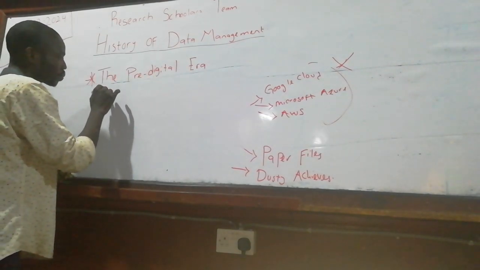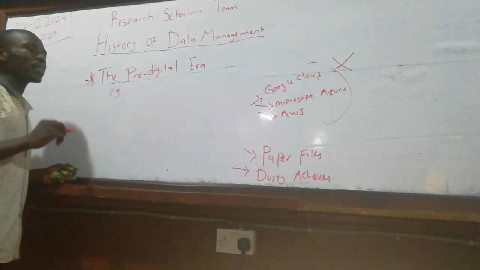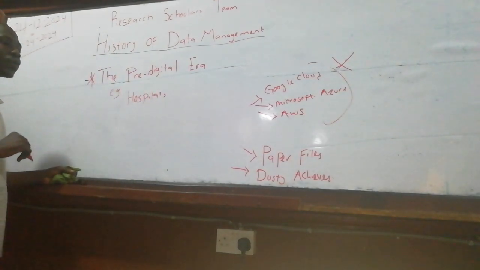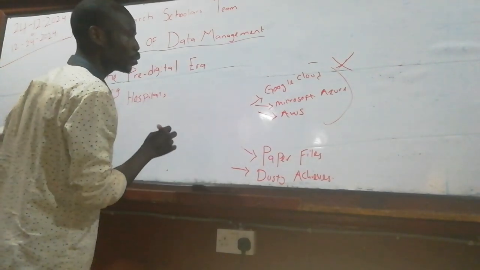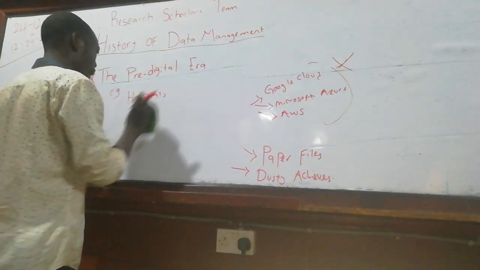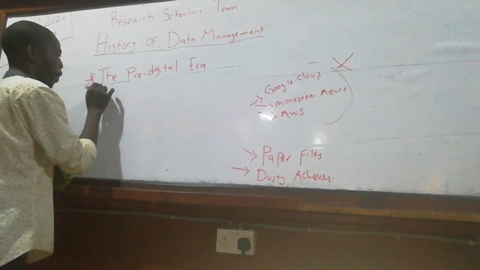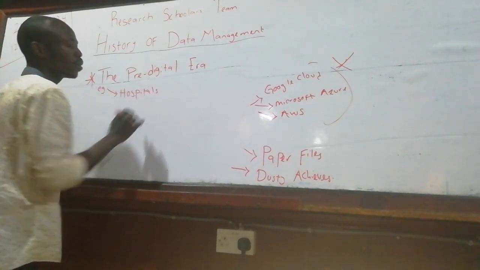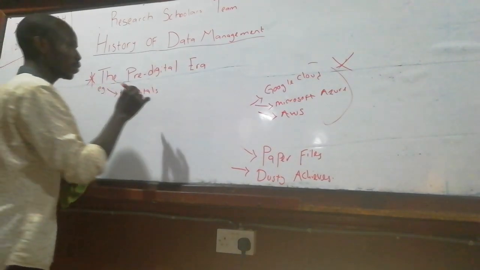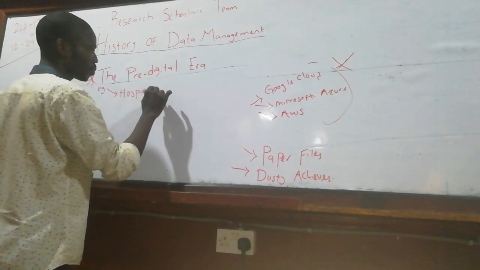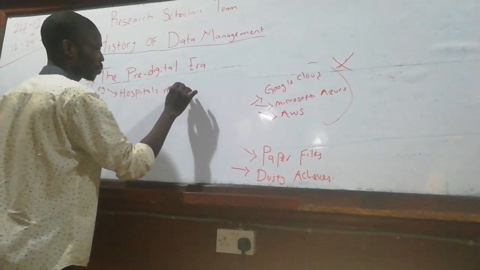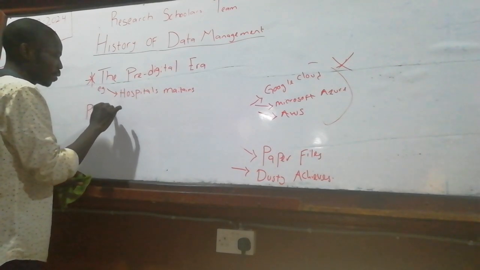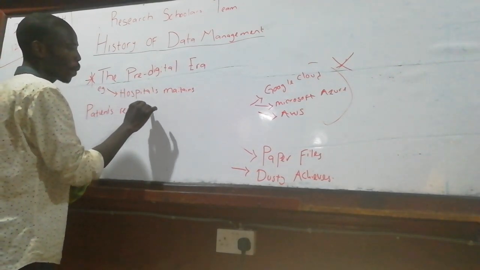So now a prime example is hospitals. Hospitals maintain patients' records on paper charts.